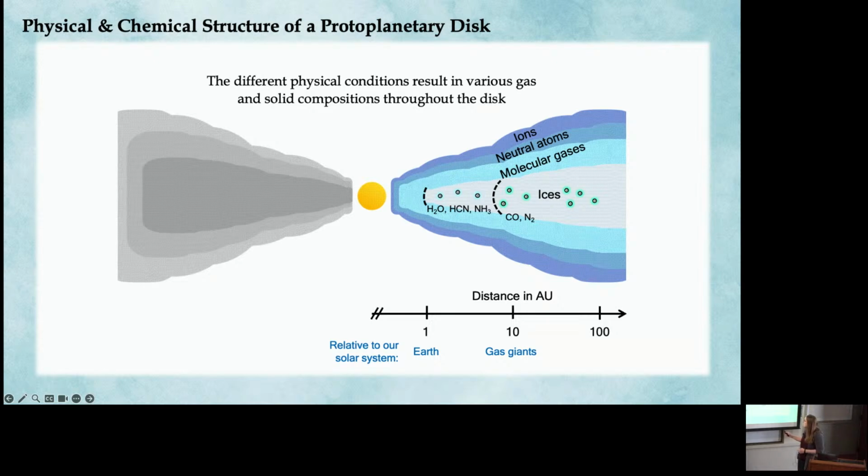And as we get further away from the central star and the disk is getting cooler, we have different ices freezing out of the gas phase, sequestering these materials into the solid phase, and potentially being fuel for planet formation growing out of these solids.